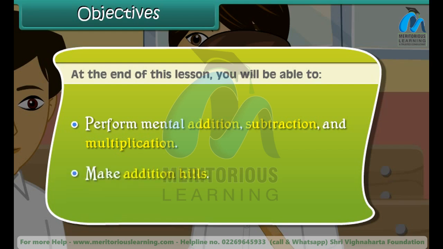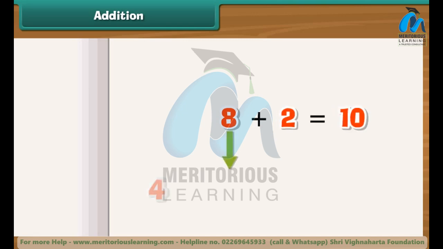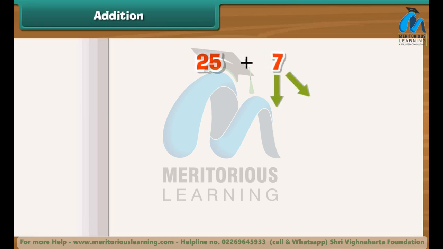Make addition hills. Addition. To master mental arithmetic, you must get your basics right. A basic fact about addition is that the sum of two numbers does not change when we split the two numbers into 2 or more. For example, to add 25 and 7, we can break the number 7 into two numerals, 5 and 2.